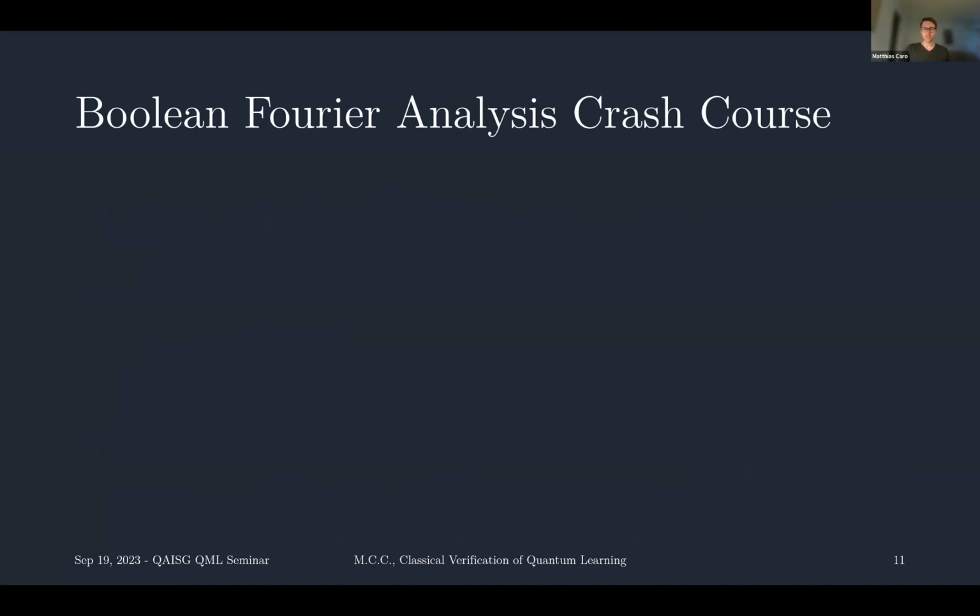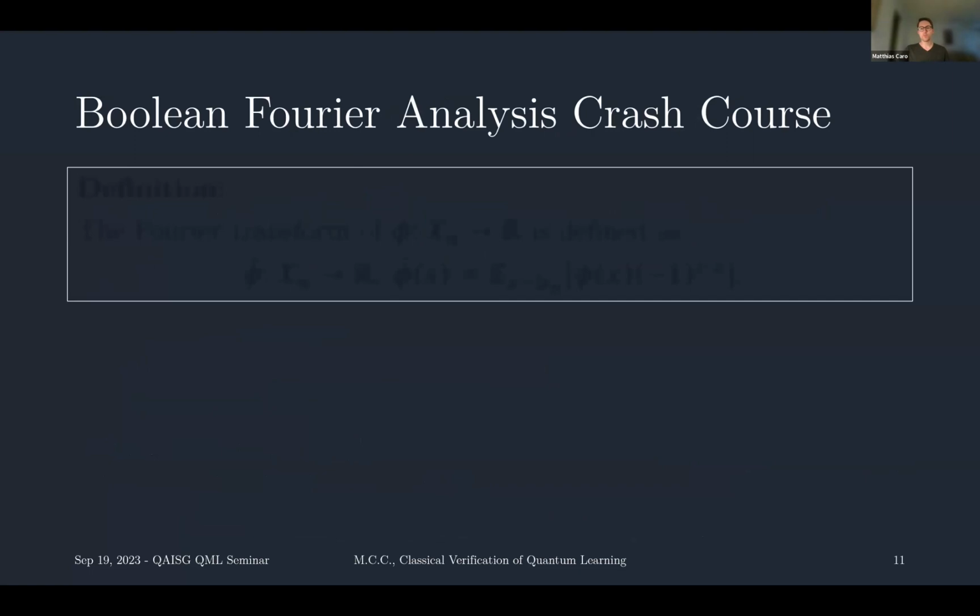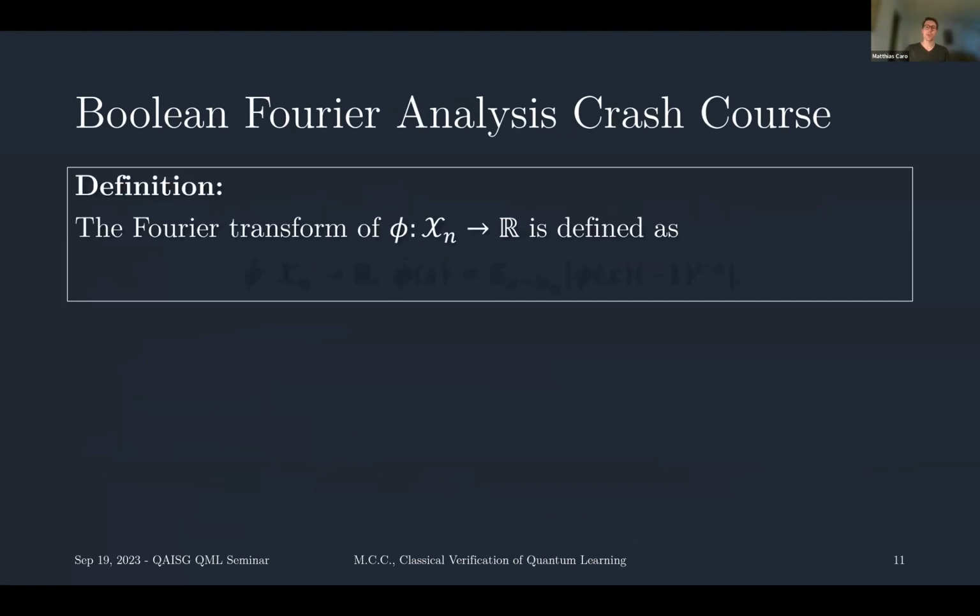Now, okay, how do you learn? One approach to this is using Fourier analysis. You're probably very familiar with Fourier analysis based on sines and cosines. There's also Fourier analysis for Boolean functions. Here, if we have a function phi that maps n bits to real numbers, we define its Fourier transform as follows.